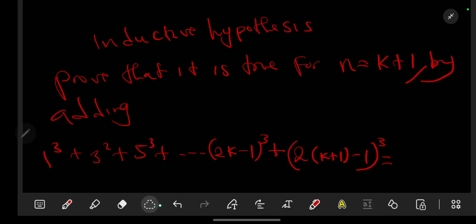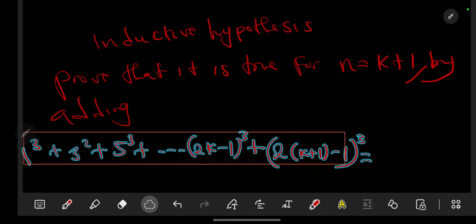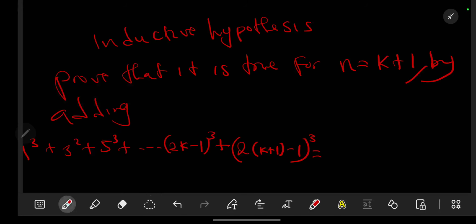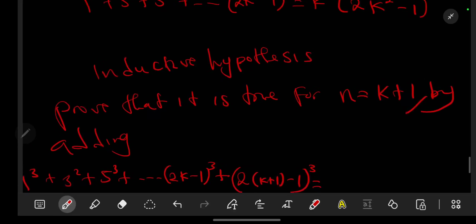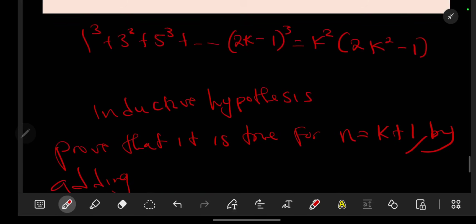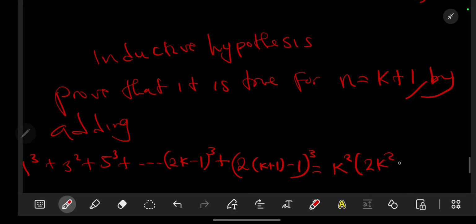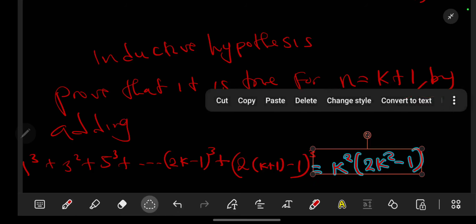So this should be equal to our value, which is equivalent to k squared, open brackets, 2k squared minus 1, like that. So after doing this, what do we have?